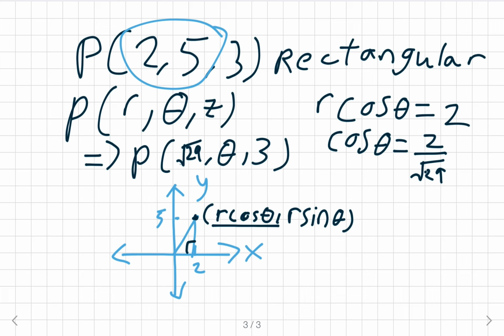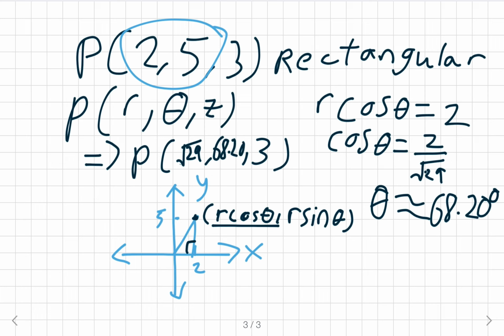So that just gives us around 68. So theta is around 68.20 degrees. So now we figured out theta.